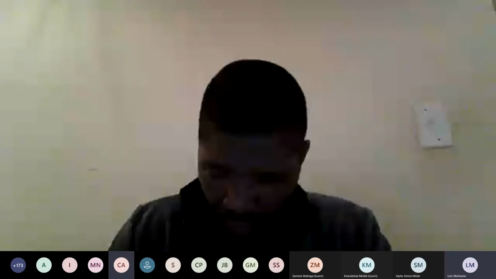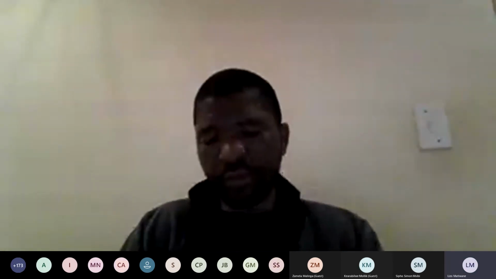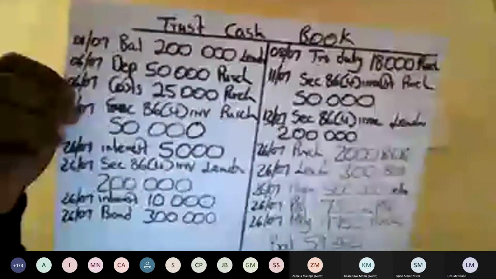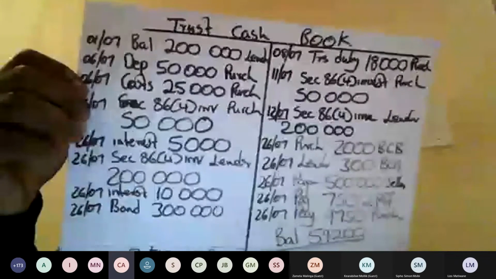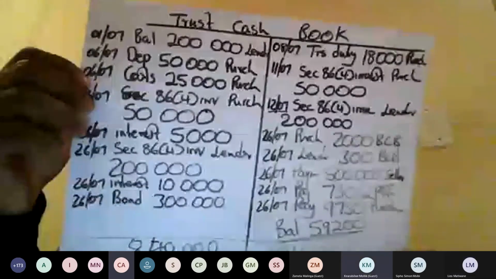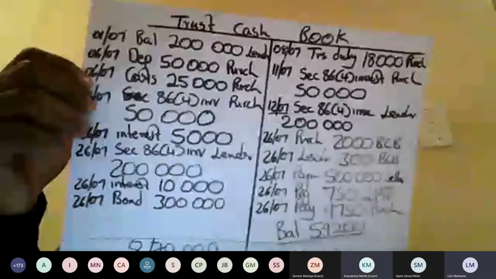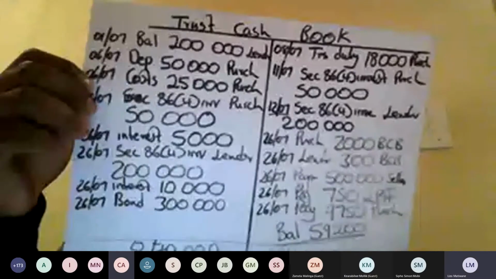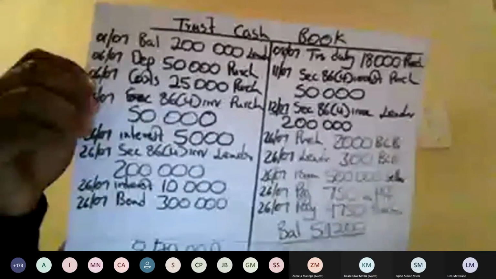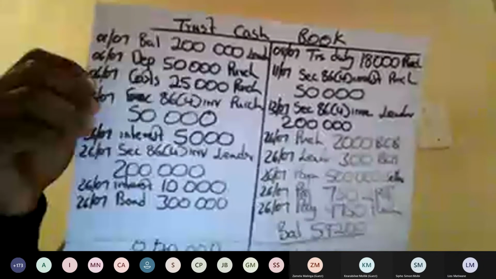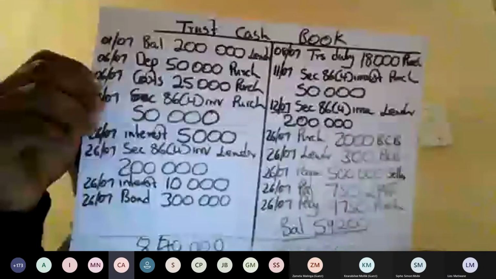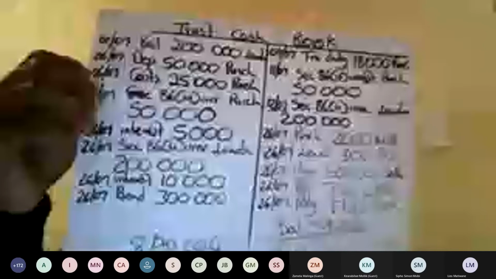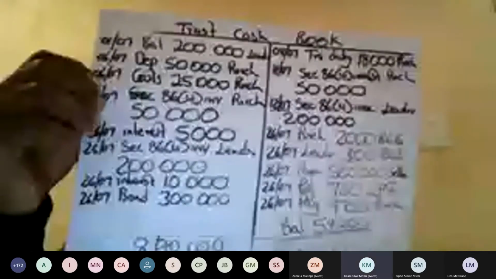Advocate, can we go back to the trust cash debit side? Yes, the debit side of your trust cash book. Balance. When you take the debit side, which is 840,000 rand, and you subtract the credit side, which is 780,800, you've got a balance of 59,200.